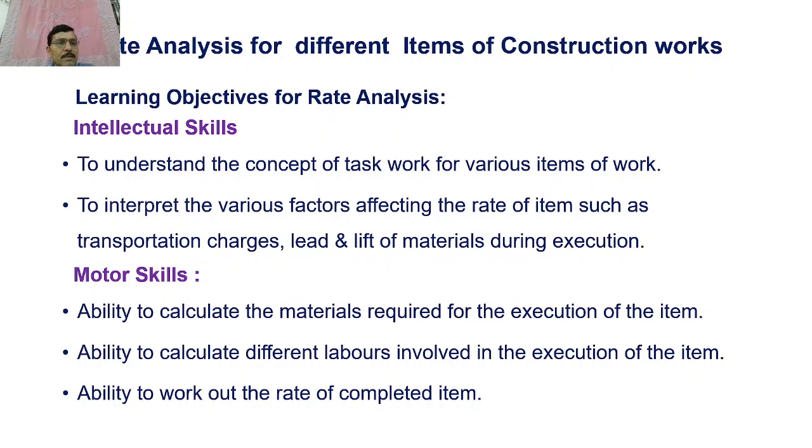Let us look at the motor skills. Number 1, ability to calculate the materials required for execution of the item. Next one is ability to calculate different labors involved in the execution of the item. Ability to work out the rate of completed item.